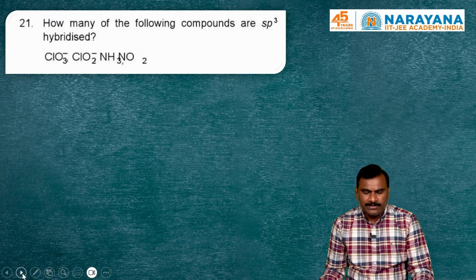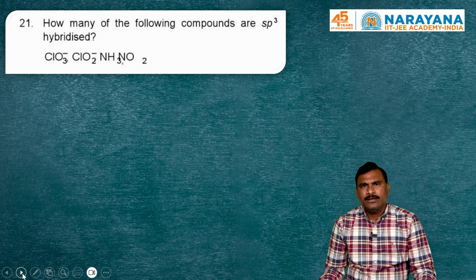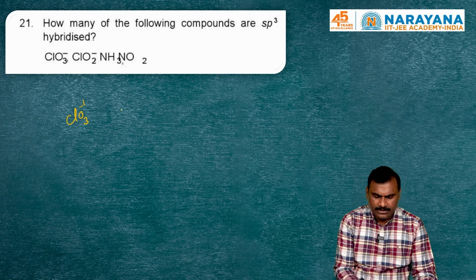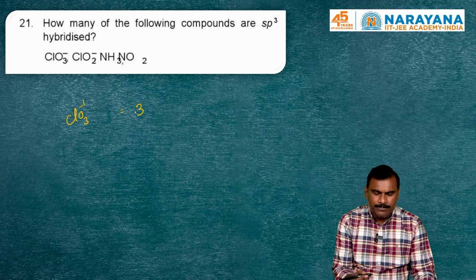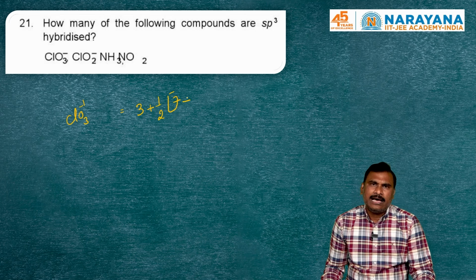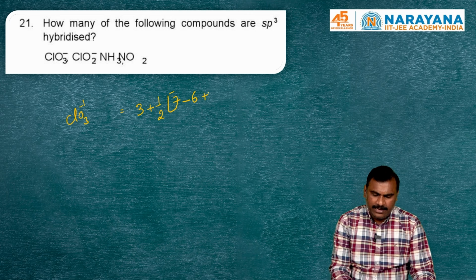How many of the following compounds are sp3 hybridized? Generally, how do we identify this? You take the formula: number of surrounding atoms plus half into the group number of the central atom, minus the sum of valency of all the surrounding atoms, plus one if there is a negative charge.